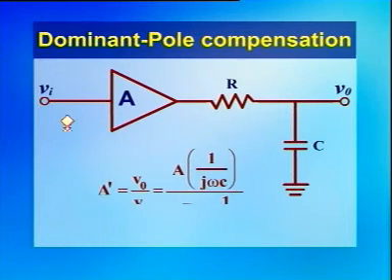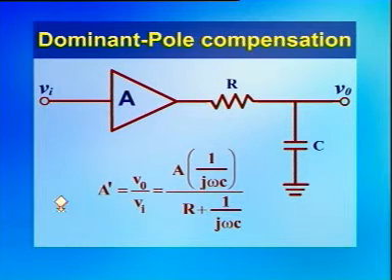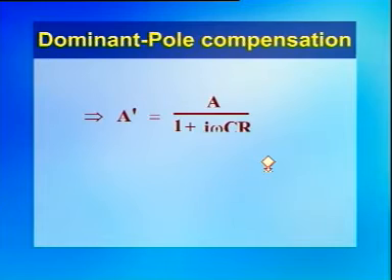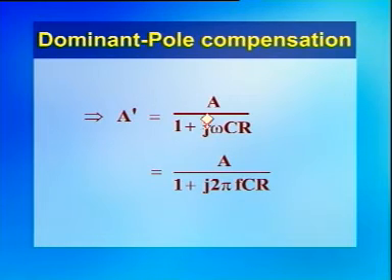From the figure we get the transfer function of the amplifier with compensation network as A prime equal to V naught by Vi equal to A into 1 by j omega c by R plus 1 by j omega c, that equal to A by 1 plus j 2 pi f CR, where omega equal to 2 pi f is substituted in the previous expression.